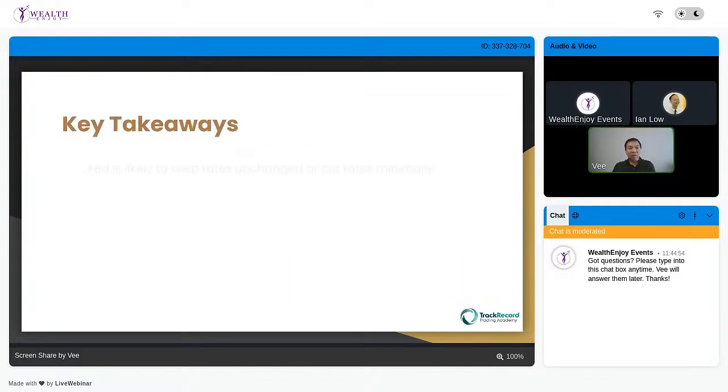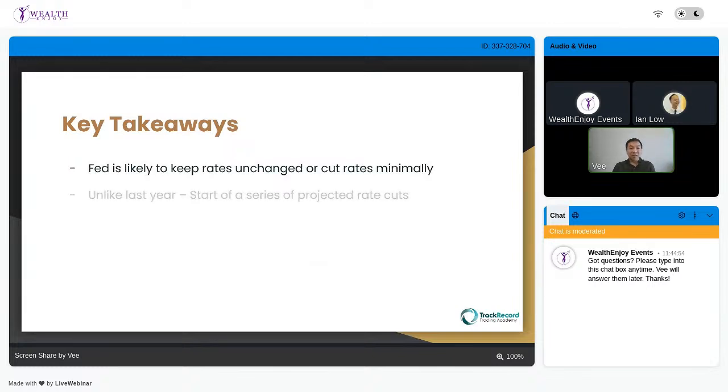So the key takeaway is that the Fed is likely to keep interest rates unchanged or cut rates minimally. And unlike last year, which was the start of a series of projected rate cuts, now it is highly data dependent. So you'll hear this a lot when you read the newspaper or the financial press.